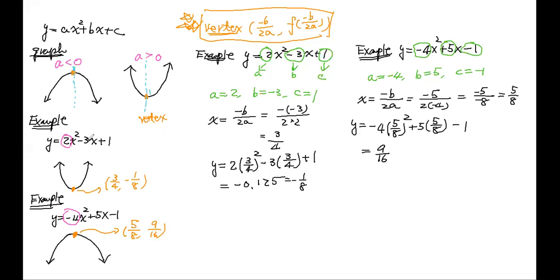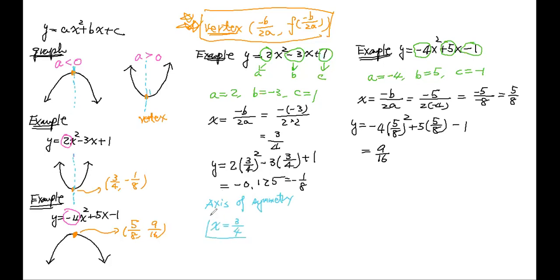So let's take a look at these examples here. Remember the axis of symmetry is the line passing through the center point. So what is the axis of symmetry here? For this graph, the axis of symmetry is just the x value, so it's x equal to 3/4.